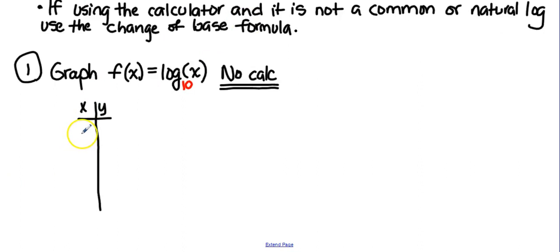So I'm not exactly sure what I want to choose for x yet, but it would be really nice if I'm dealing with log base 10 to be taking log of 10. So that gives me my first value of x, because log of 10 equals 1. Remember, this is log base 10 of 10, inverse properties, that cancels and equals 1.